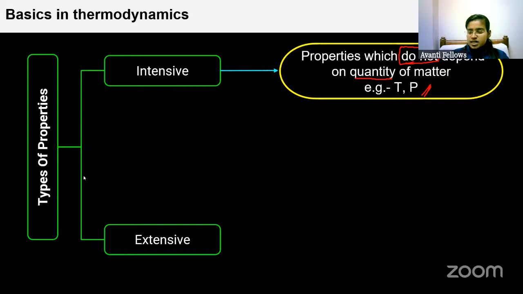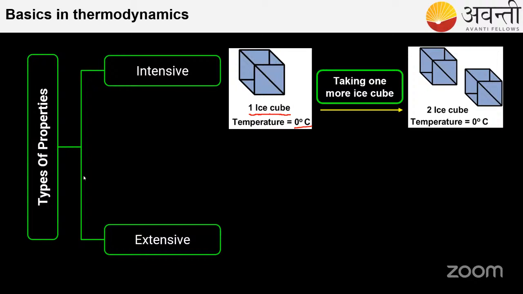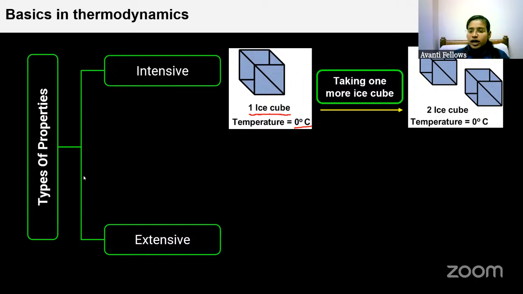Let me take one example so that you will understand this better. I am taking an ice cube. Initially I have only one ice cube, and if I check the temperature of this ice cube using a thermometer, it is 0 degrees Celsius. I am adding one more ice cube, so now I have two ice cubes.